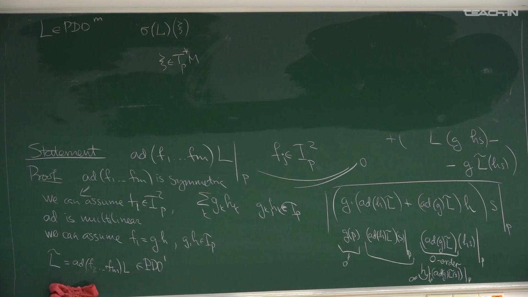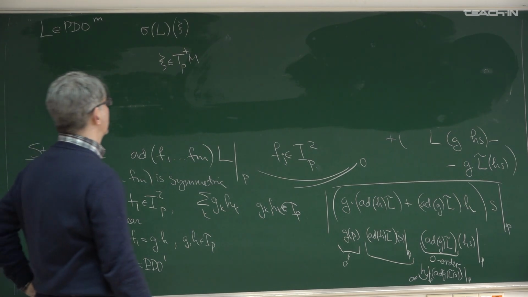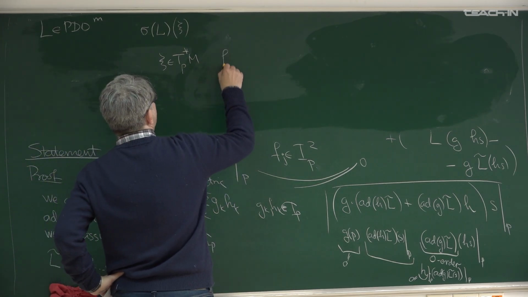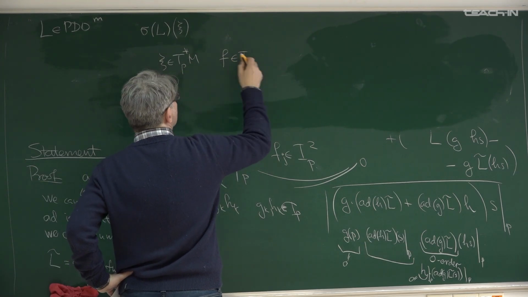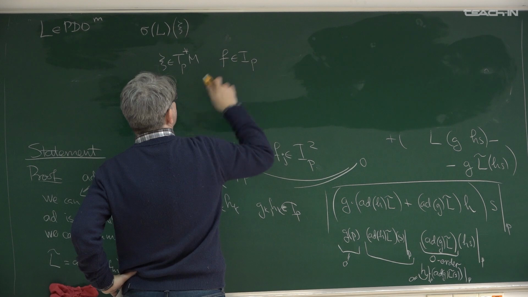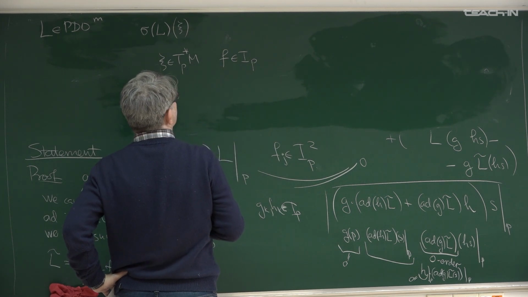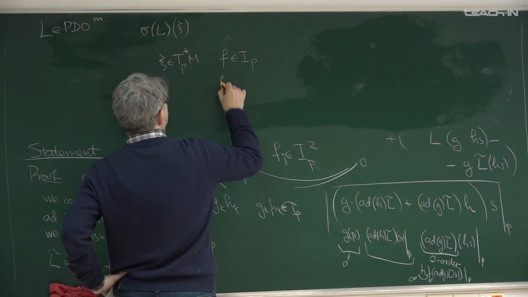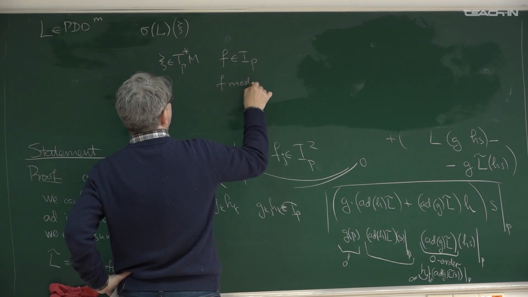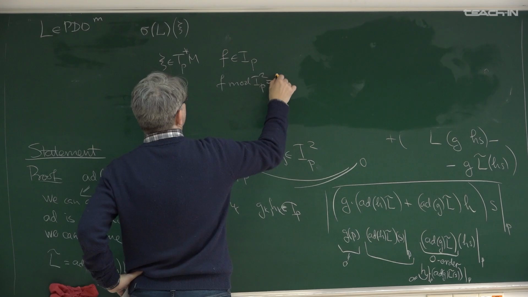So what we are doing? Let us consider a function which belongs to the ideal of functions which have 0 at the point P, such that F modulo the ideal is the same as psi.